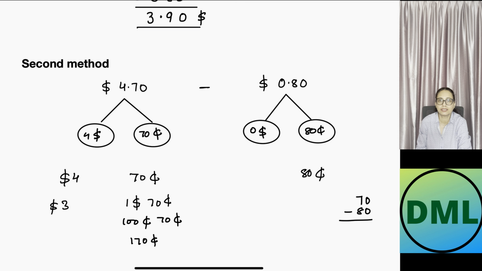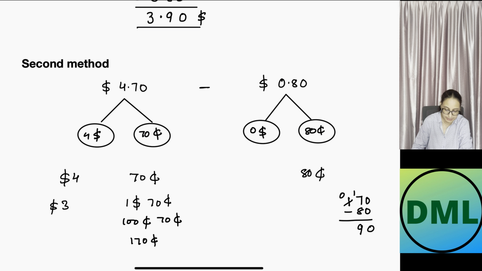Now you have 170 cents and you need to subtract 80 cents. I will write it here. 170 cents minus 80 cents. 0 minus 0 is 0. 7 minus 8 you can't do. You have to take the carryover from here. This will be 0 and this will be 17. 17 minus 8 is 9 here.